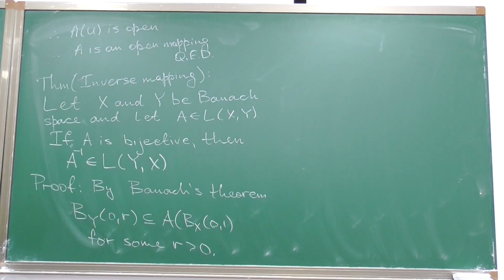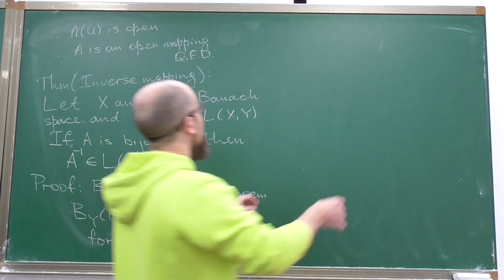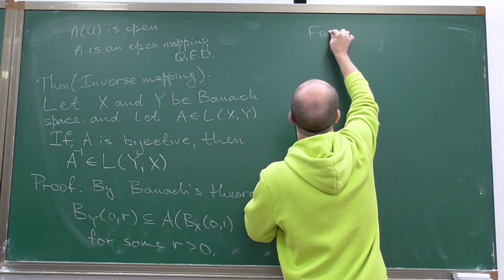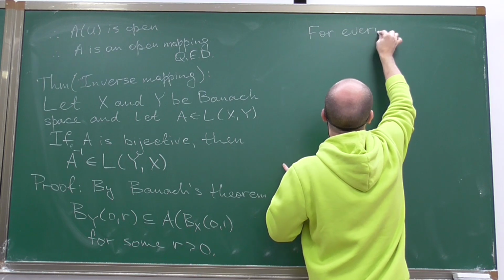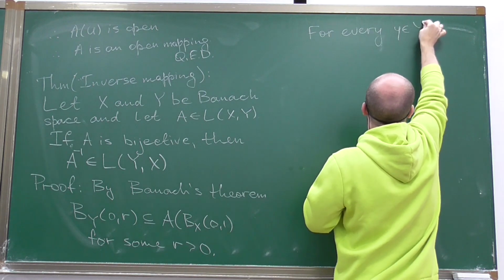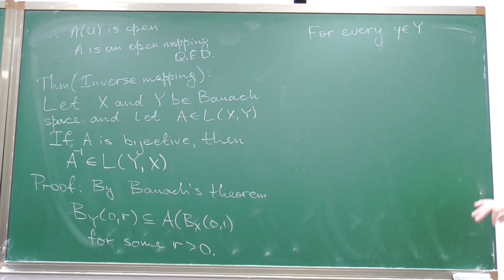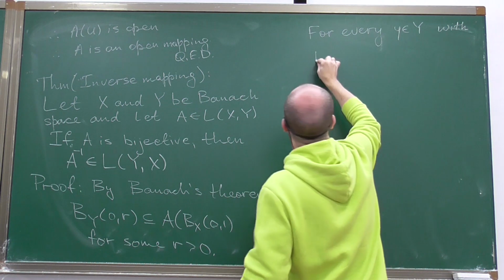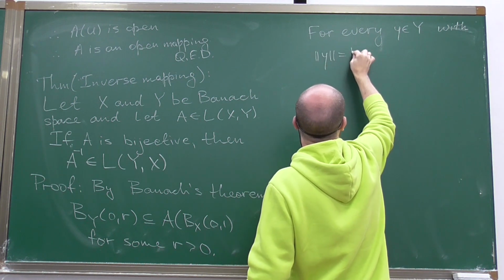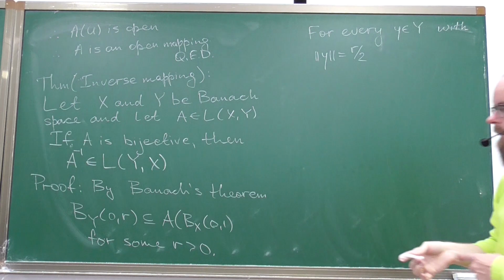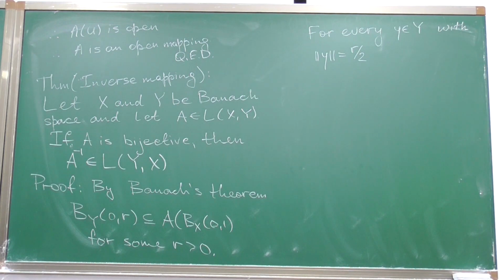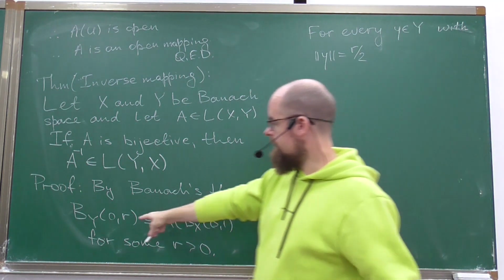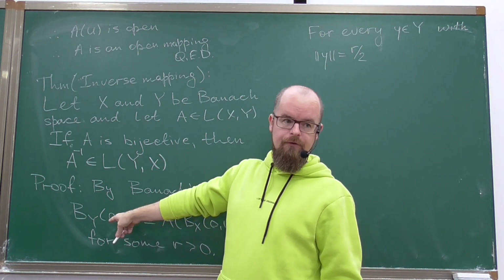Now, let me take a point y. Let's take this y of norm r over 2 for this r. So if the norm of y equals r over 2, then it belongs to this ball of radius r.